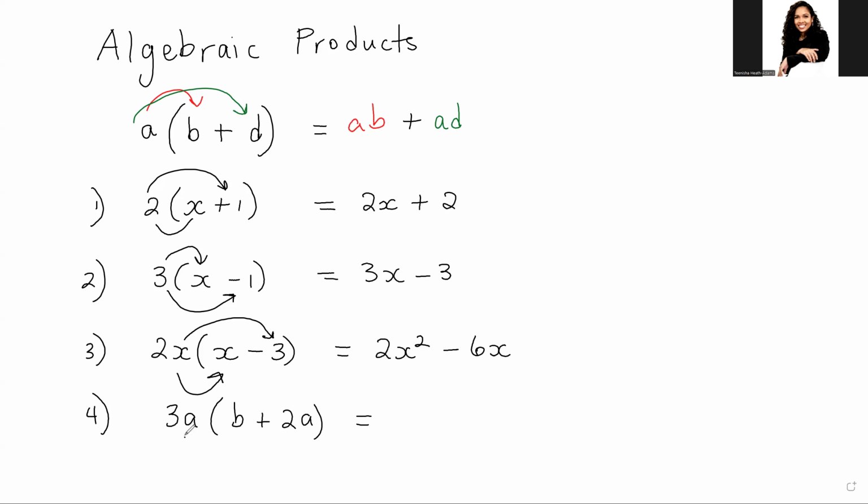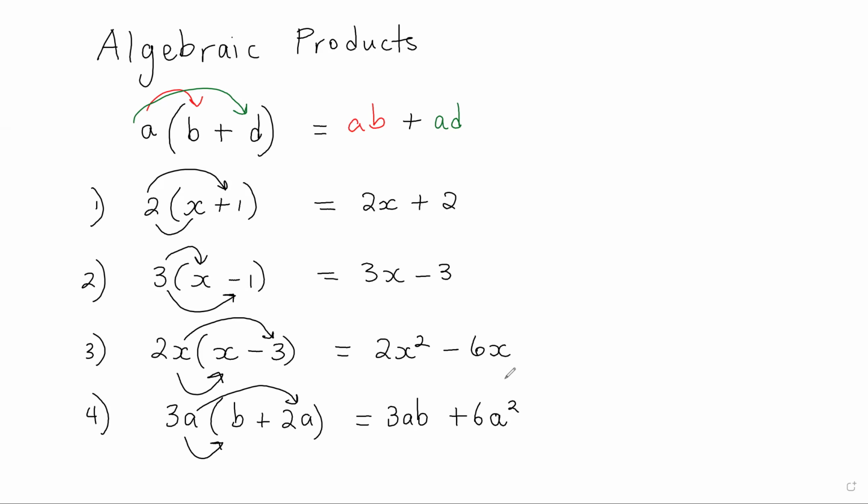Again, this will be 3a times b, which is 3ab, and then 3a times positive 2a, which will be plus 6a squared, since a times a is a squared. So that's the whole thing right there. It is nothing more complicated than that. It is simply that you multiply the term on the outside by each term on the inside.